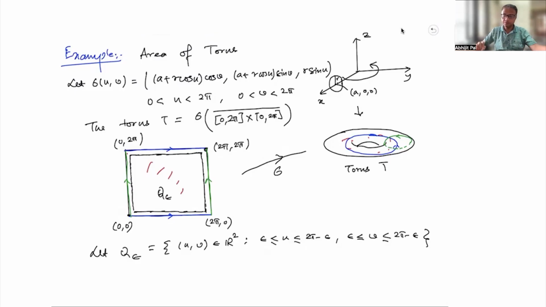Then sigma of Q epsilon will be a closed region inside this T.